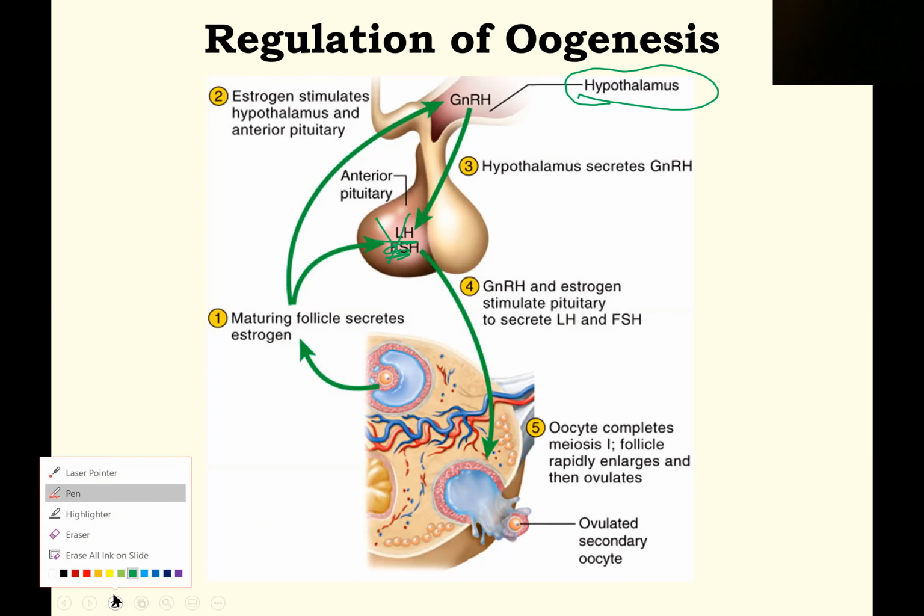The luteinizing hormone, regardless of gender, is going to trigger hormone production. Follicle stimulating hormone is going to promote the maturation and or production of the gametes.